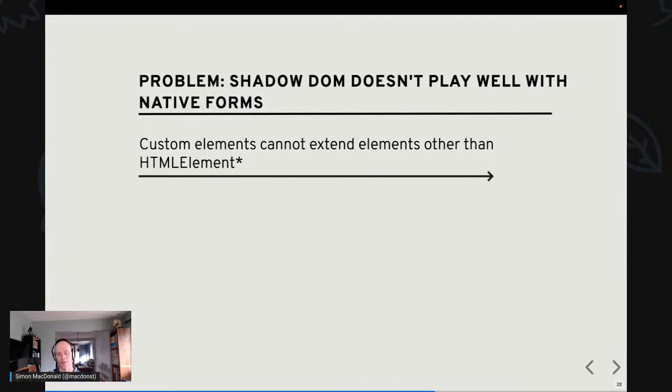So they have refused to implement this part of the specification for a really long time. So it would be really nice to be able to just say, this tag is a button, and then there's an attribute called is, and then you give it the class of the web component that you want the button to extend. So that would allow you to embed a button directly into your form element and have its behavior taken over by your web component.